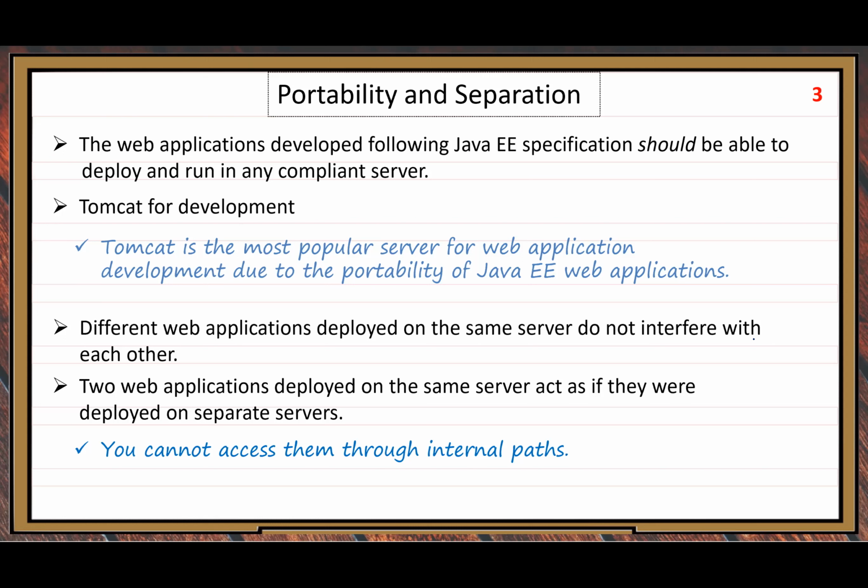But you are not allowed to use internal paths to access, because one company may steal sensitive data from another company. So that's not allowed, internal access. That's our structure part. Any question so far?